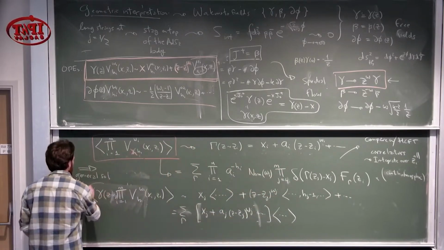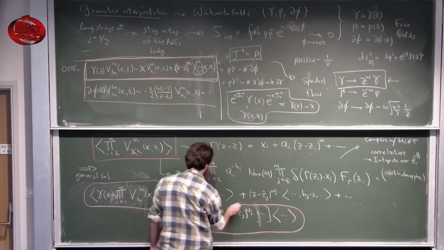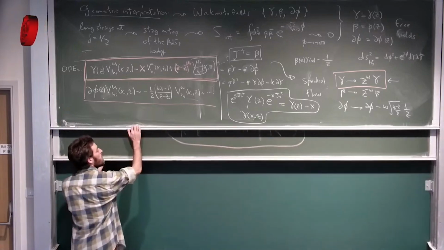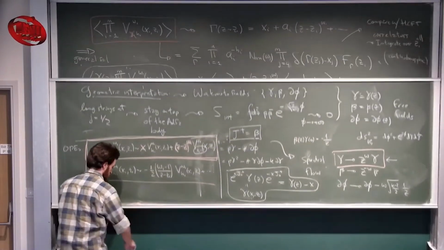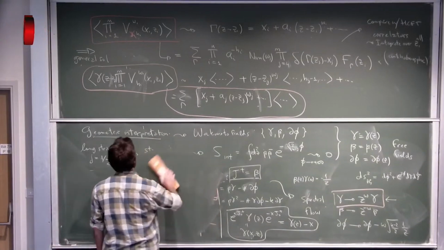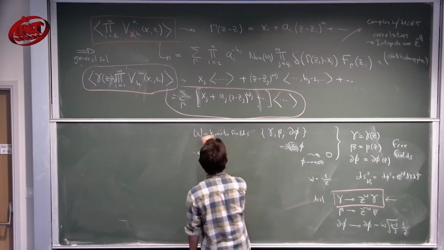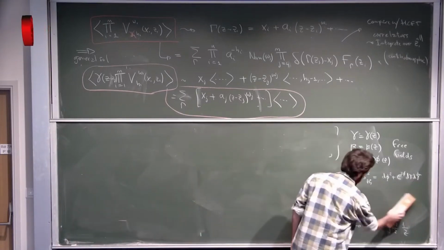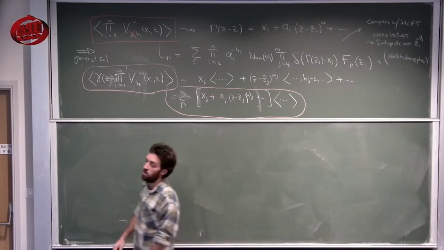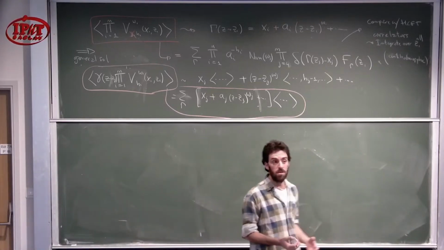So the main point is that you can always find something like this. Because if there is no gamma, then you mean that this thing is zero. It's regular, yes, exactly. So there's no expectation value of gamma inside the correlator.